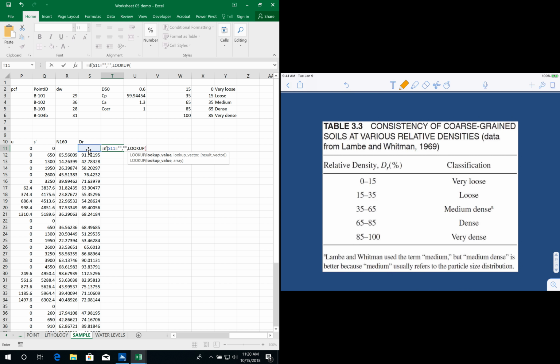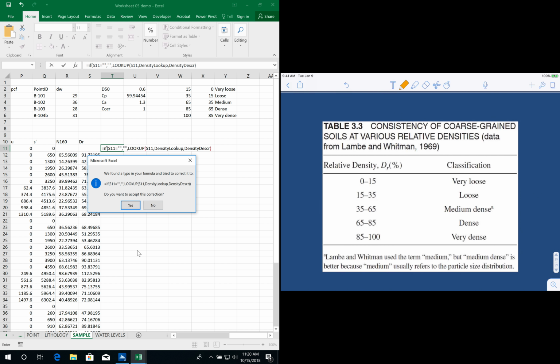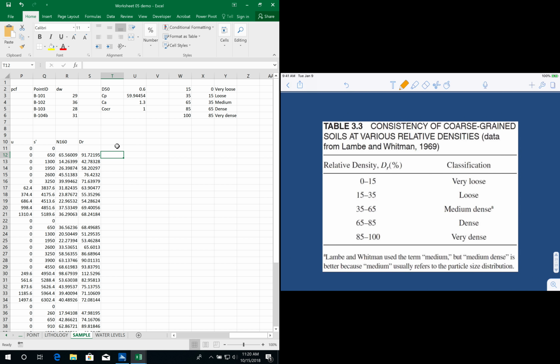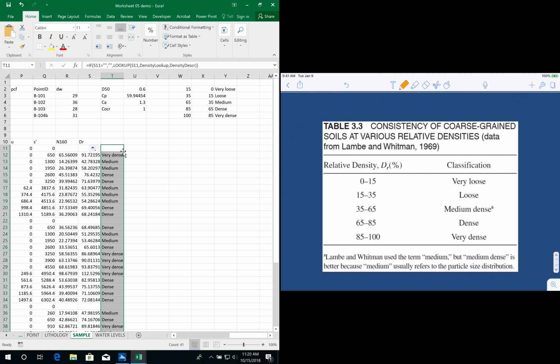And we'll look up our value, which is the relative density. And then here's our vector, and here's our result. And there we go. So this gives us a verbal description.